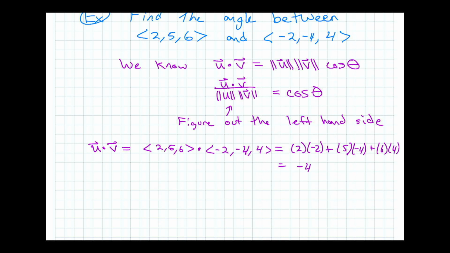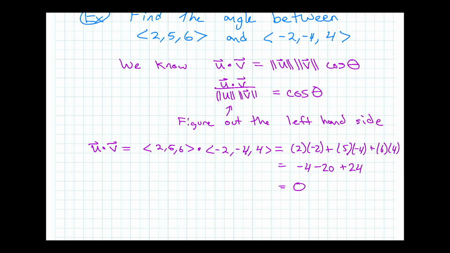So we have -4 minus 20 plus 24. Oh, is that going to be 0? Did I do that right? Hold on, did I write these correctly? Give me a second here. -4, okay. -20, got it. +24. Oh man, that's 0.